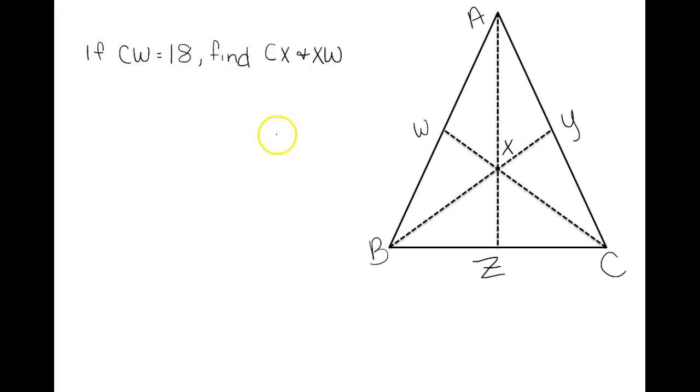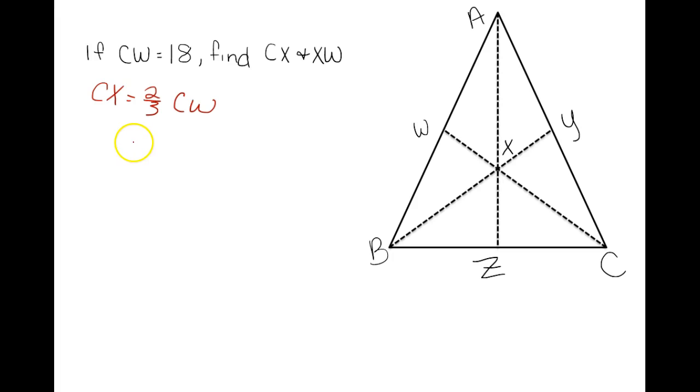Here it says if CW, so if you go from C to W, they're talking about that entire segment. So if from C to W is 18, we're going to find CX and we're going to find XW. So let's go back and write down that theorem: from that vertex to the centroid X, it is 2/3 of that entire segment.